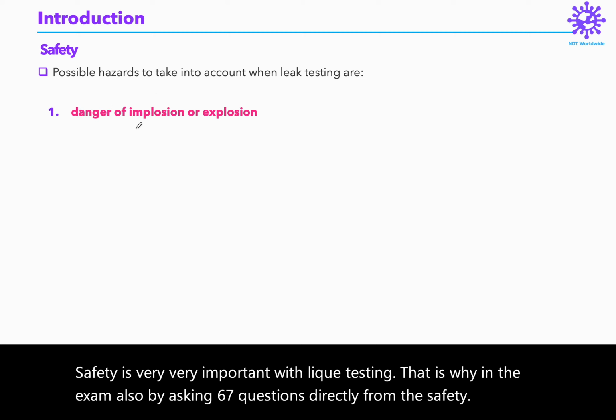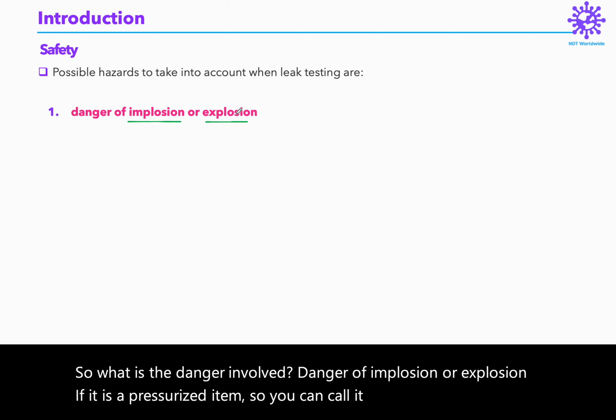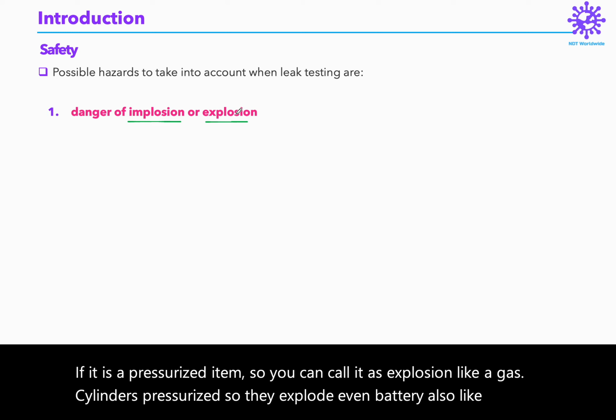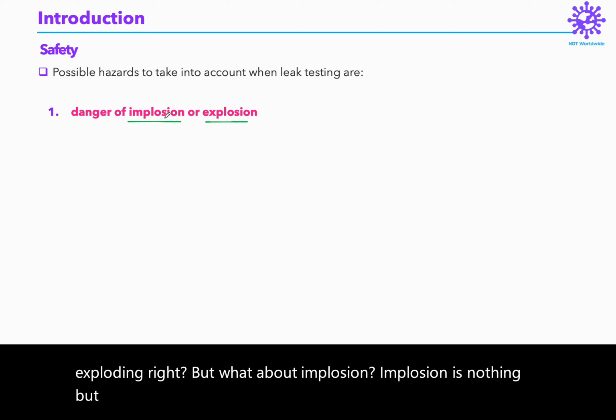So what is the danger involved? Danger of implosion or explosion. If it is a pressurized item, you can call it an explosion, like pressurized gas cylinders, they explode. Even a battery can explode, right? But what about implosion? Implosion is nothing but vacuum, like submarines and other things.